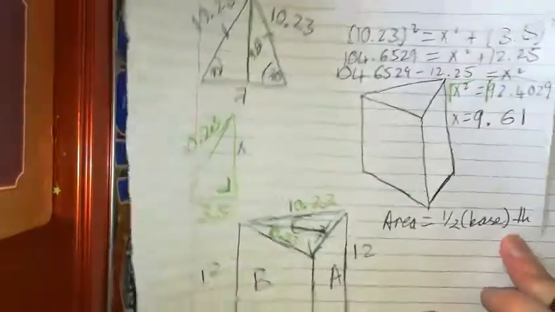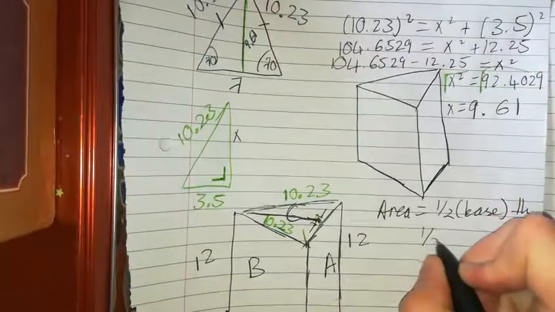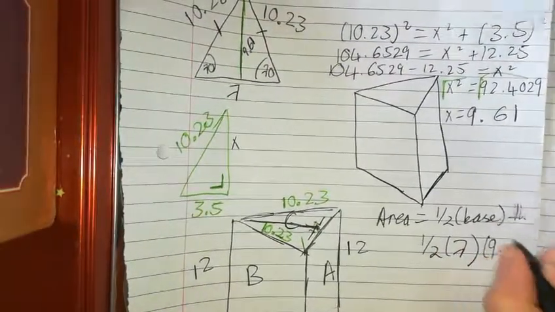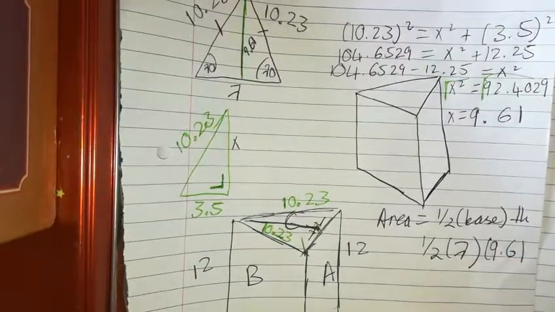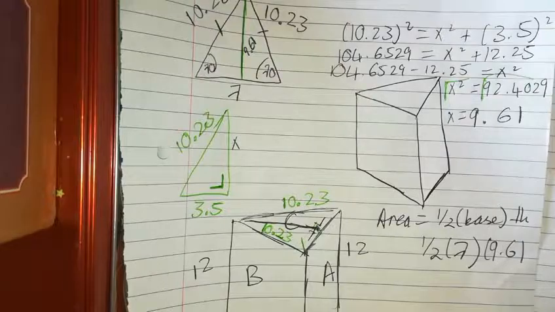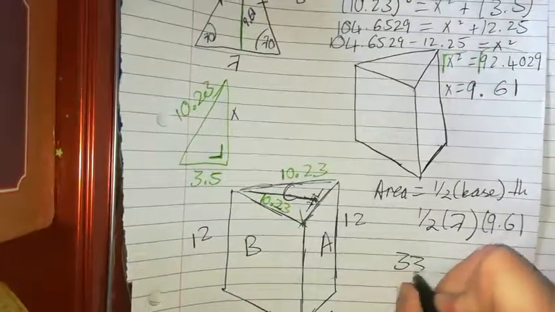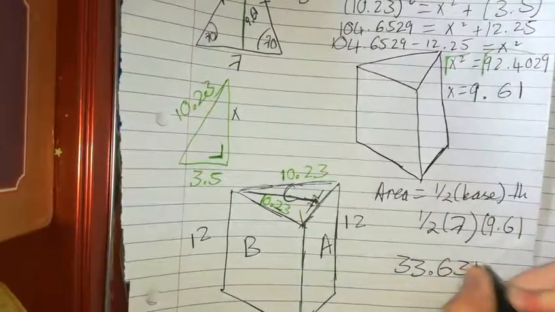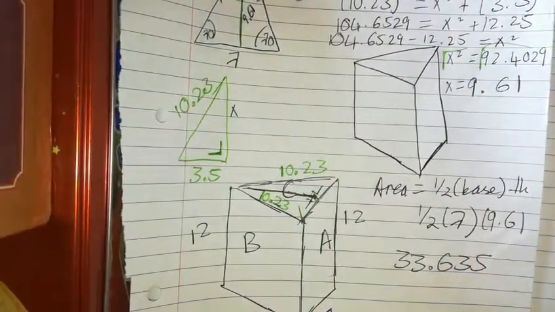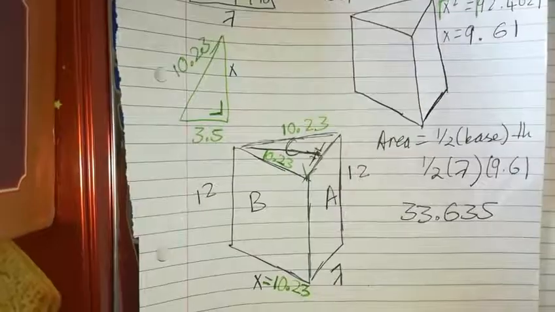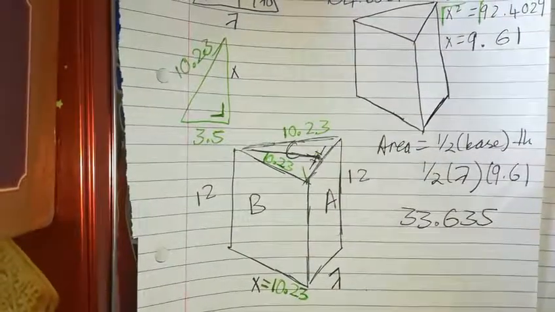So half of 7, by 9.61, which is 0.5 times 7 times 9.61, and I get that the area is 33.635. So that's the area of C, and that's my answer for that question.